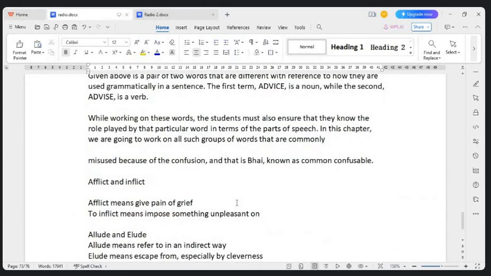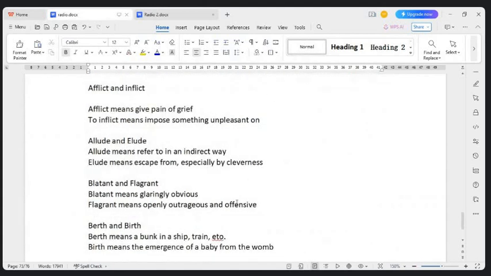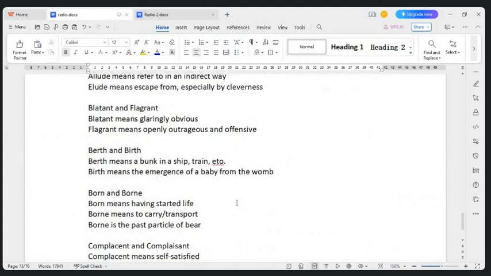Afflict means to give pain or grief, while inflict means to impose something unpleasant. We also discussed BERTH. Berth means a bunk in a ship or a train where you can sleep. Birth means the emergence of a baby from the womb. Born means you started having life, while borne means to carry, transport. Borne is the past participle of bear.